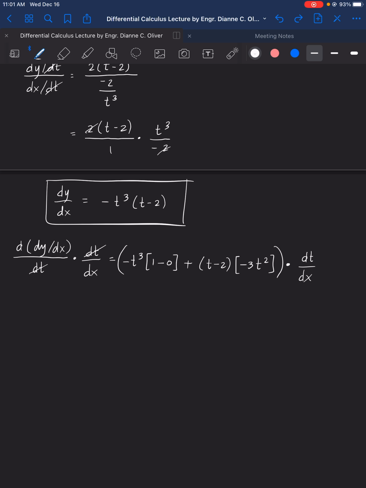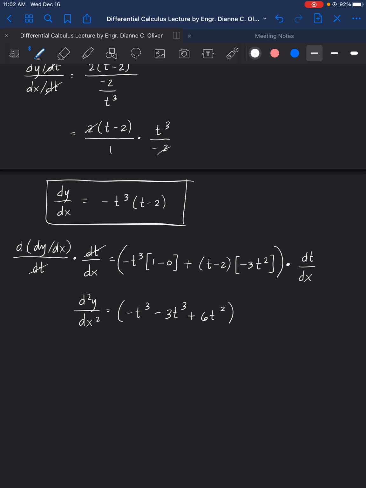Okay? So cancelling out dt, we have d squared y over dx squared, that is equal to negative t raised to 3 minus, it's minus 3t squared, no, that is 3t raised to 3, okay, then we now have here plus 6t squared.